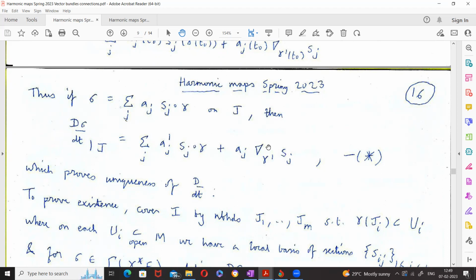This is what we just proved above. So this gives you the uniqueness of D sub dt. This proves the uniqueness of this covariant derivative, right? Any such linear map capital D sub dt has to be given by this formula. So that proves the uniqueness. Is that clear?